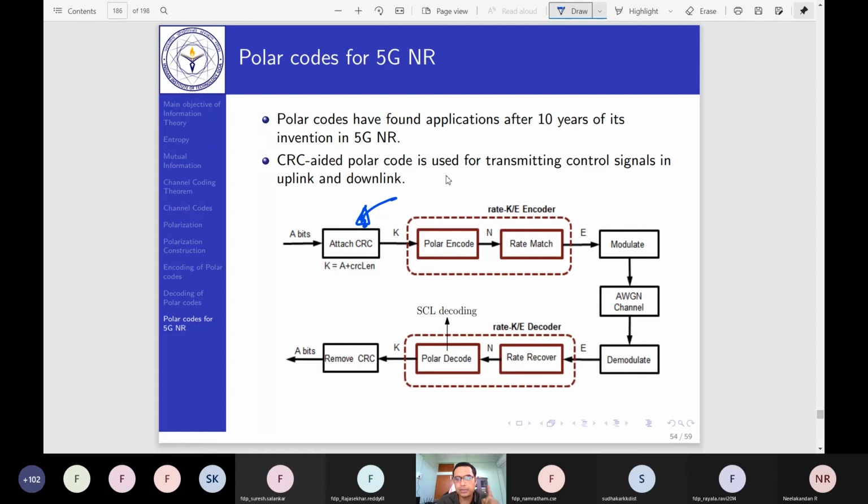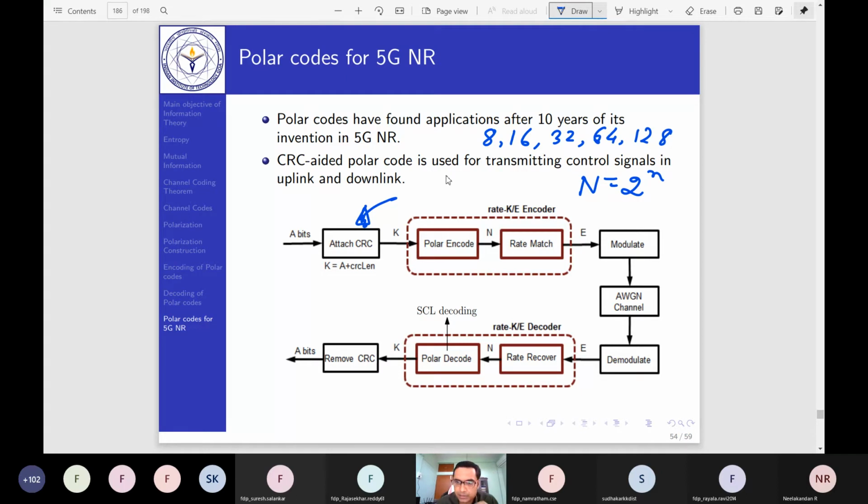One thing has to be noted: the length of the polar code is always a power of 2. That means the length can be 8, 16, 32, 64, 128. If you look at this gap, between 64 and 128, there is no polar code available.